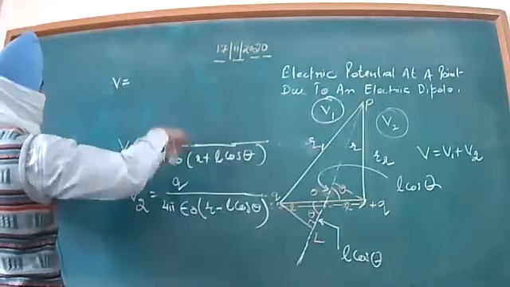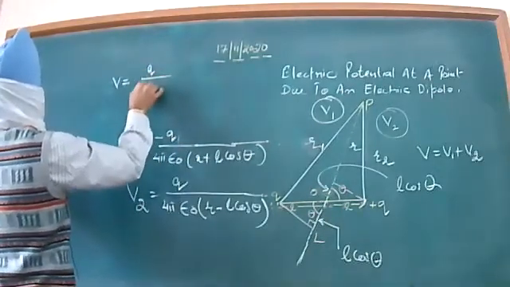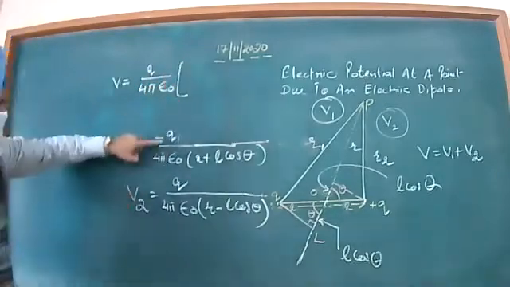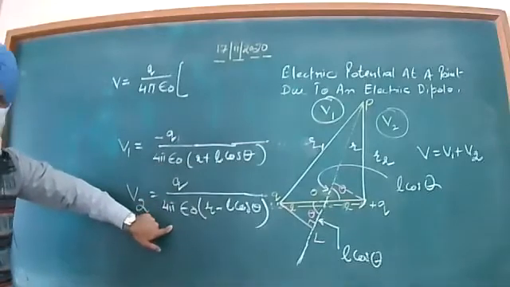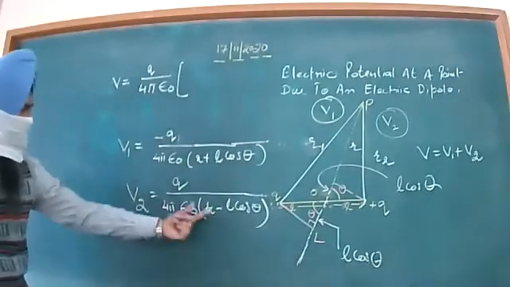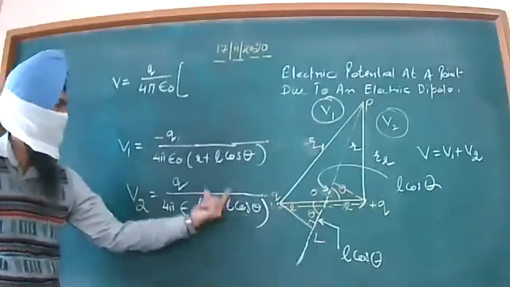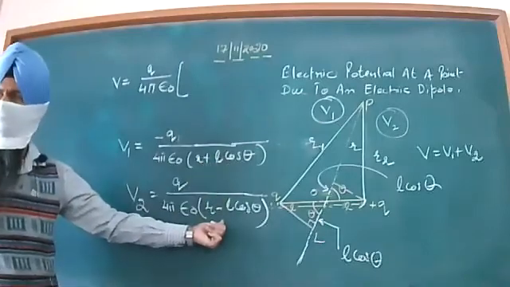Whatever can be taken common in this, we will be managing that. It is Q upon 4 pi epsilon naught. I can take it as common. It is available in this term as well as in this term. And see, please focus. R minus L cos theta is a small value. R plus L cos theta is large in comparison to this.